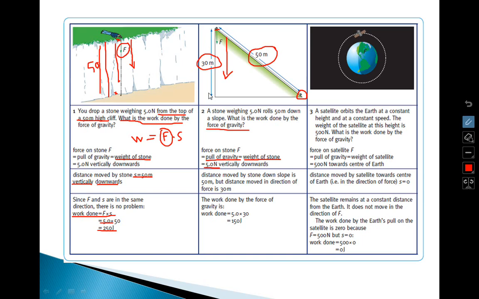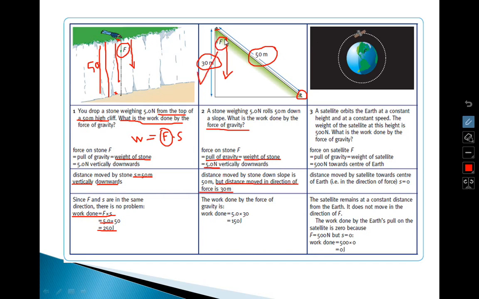Distance moved by the stone on the slope is 50 meter, as we can see here. But the distance moved in the direction of the force is 30 meter. So which one are we going to take? We will take this one.